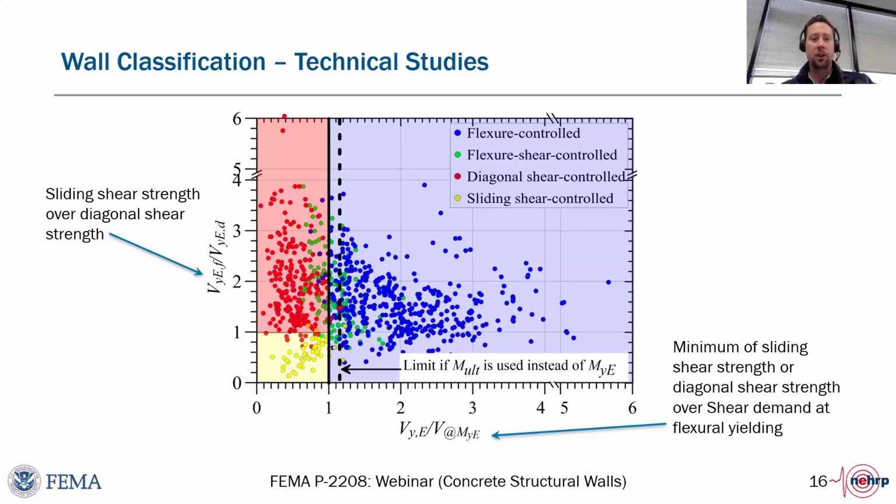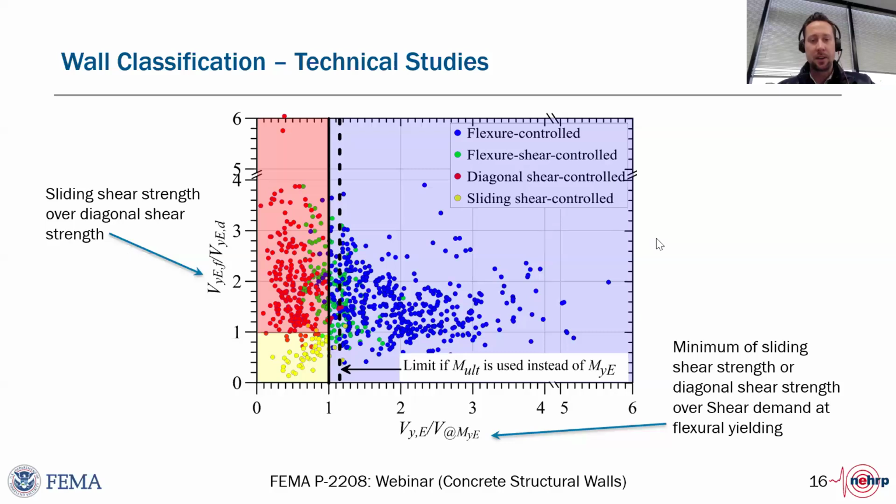So the ratio of shear friction to diagonal shear strength, and then on the horizontal axis, it's really a question of the shear associated with flexural yielding. So the shear demand being the numerator, and the denominator being the shear at flexural yielding.